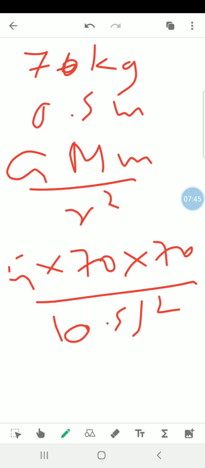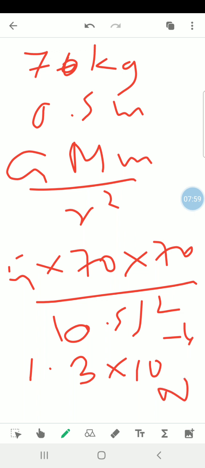You have to do the calculation properly after that. So then you will get the value to be 1.3 into 10 to the power minus 6 newtons. So this is the final calculation.